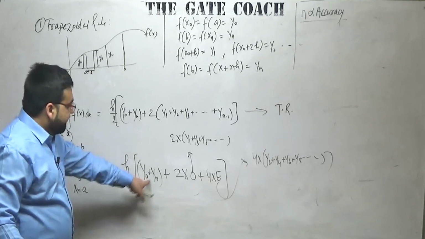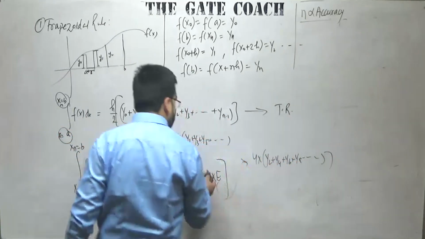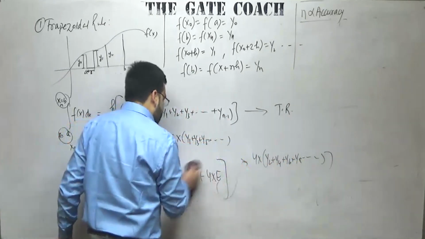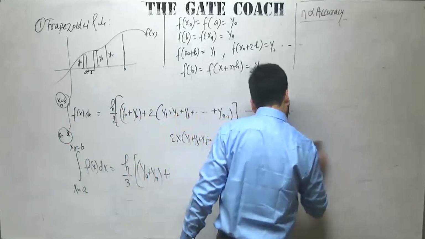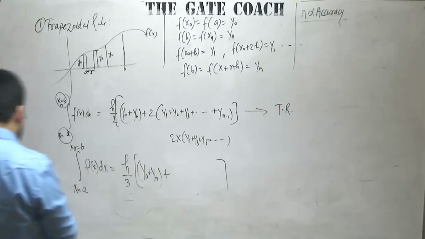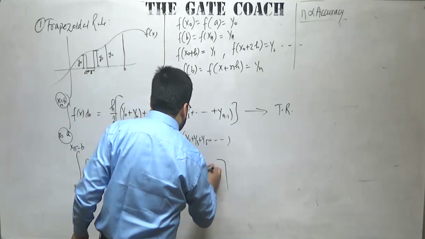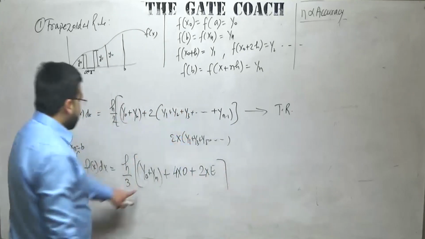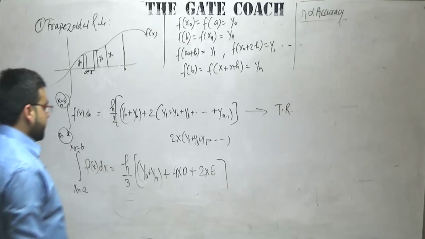If I would have started with yn or y1, then the earlier form was fine, but I have started with y0, so this is right.